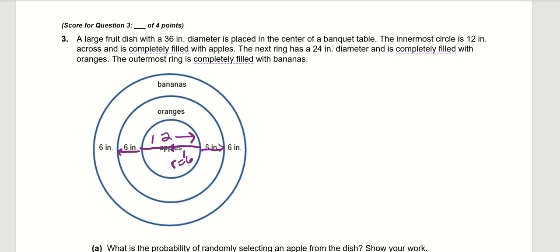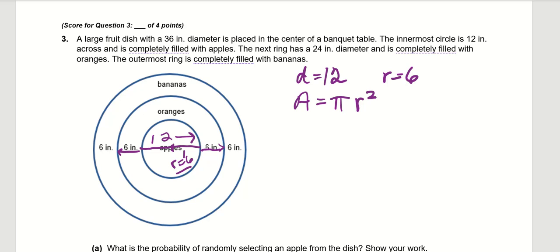Again, we have a 12-inch diameter and a radius of 6. Using the formula for area, pi r squared, we can calculate the area of that innermost circle that's filled with apples.